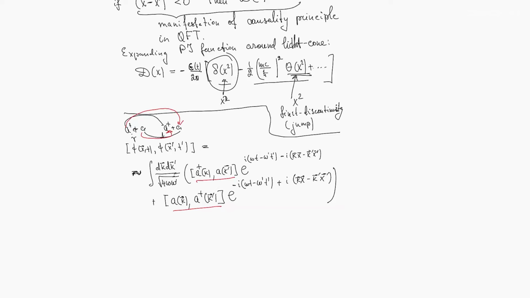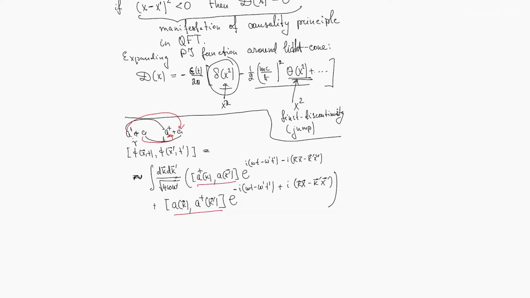This will be proportional to the delta function of k minus k prime, and the other commutator will be proportional to minus the delta function of k minus k prime. And then you can integrate over k prime by using these delta functions, simplify a bit, and as a result, you will find the following expression.